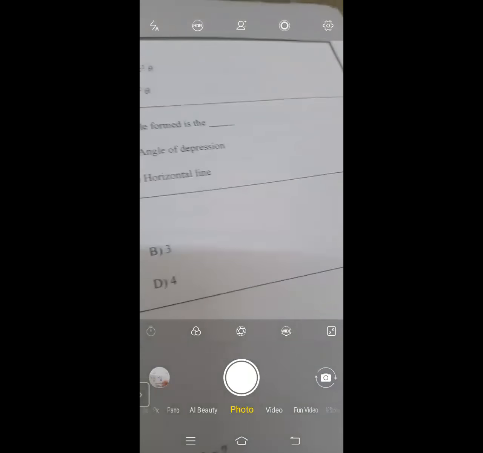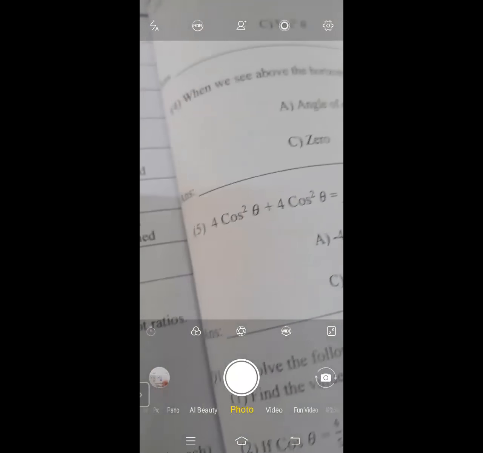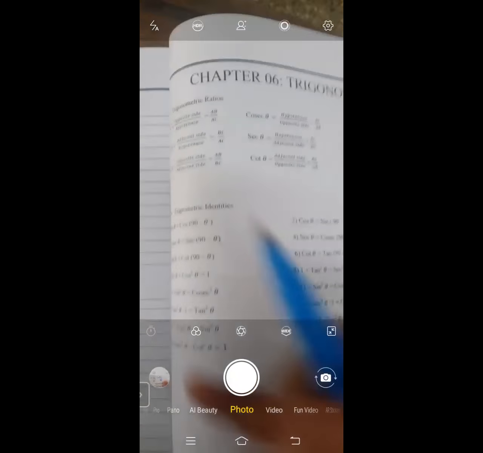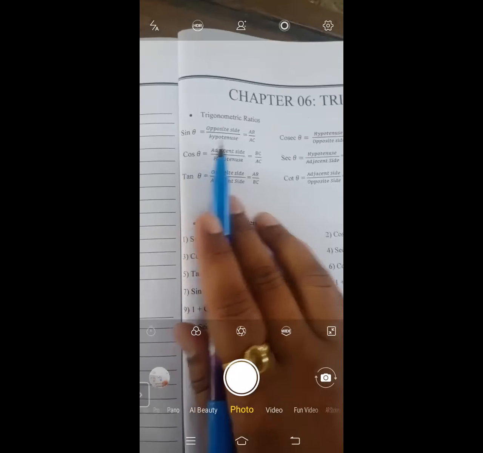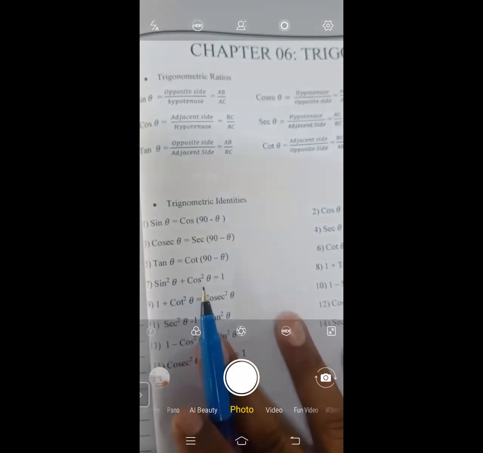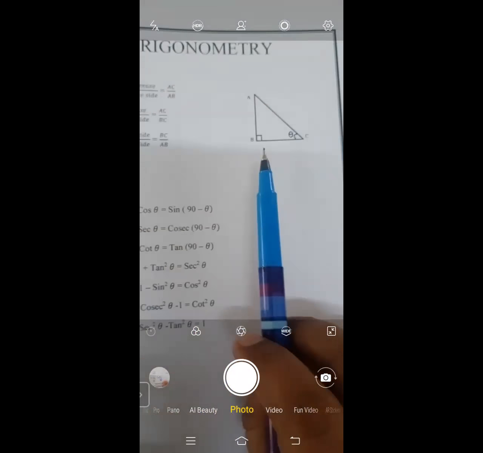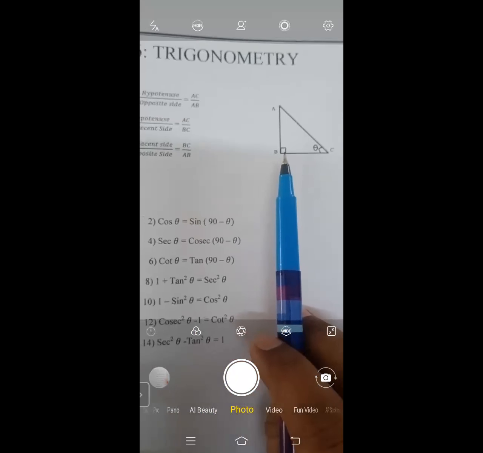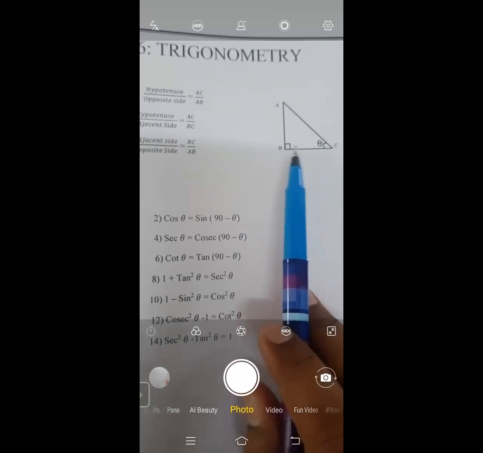Now we will go towards a short summary of this lesson, and then we will be revising this. You can see it. Sine theta is equal to opposite side upon hypotenuse, which is AB upon AC. Again, a right angle triangle is given.